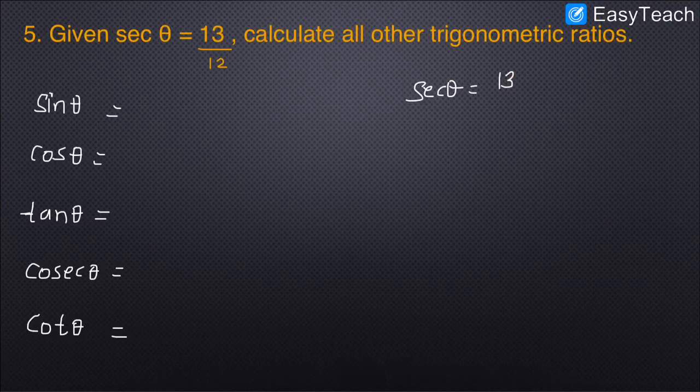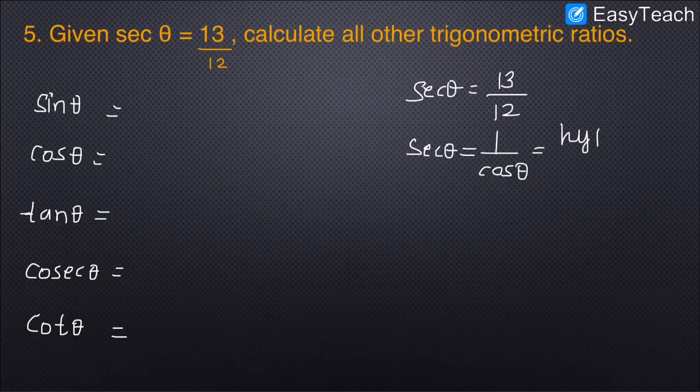So before that, let me check what values are given. So secant theta equal 13 by 12 is given, which means secant theta is the reciprocal of cos theta. So cos theta, we know, is adjacent by hypotenuse. So secant theta must be hypotenuse by adjacent.